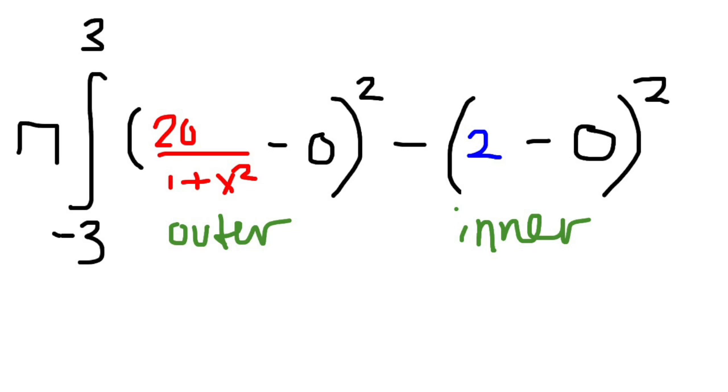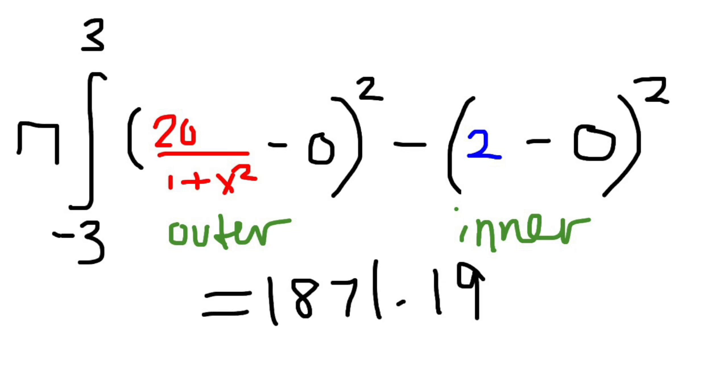And you have to make sure that you multiply it by pi because you are finding the volume and it's rotated around the x-axis. And when you plug that into your calculator, you should get that the volume is 1,871.91 or something like that. Something pretty similar, hopefully.